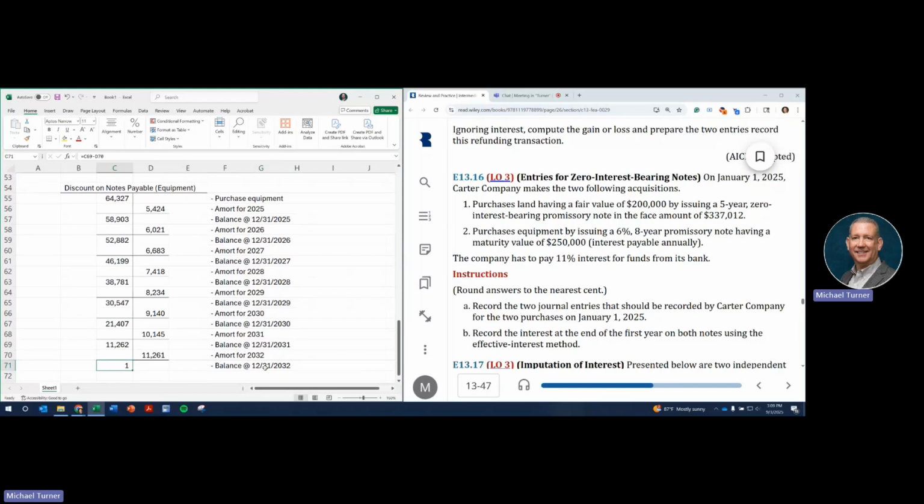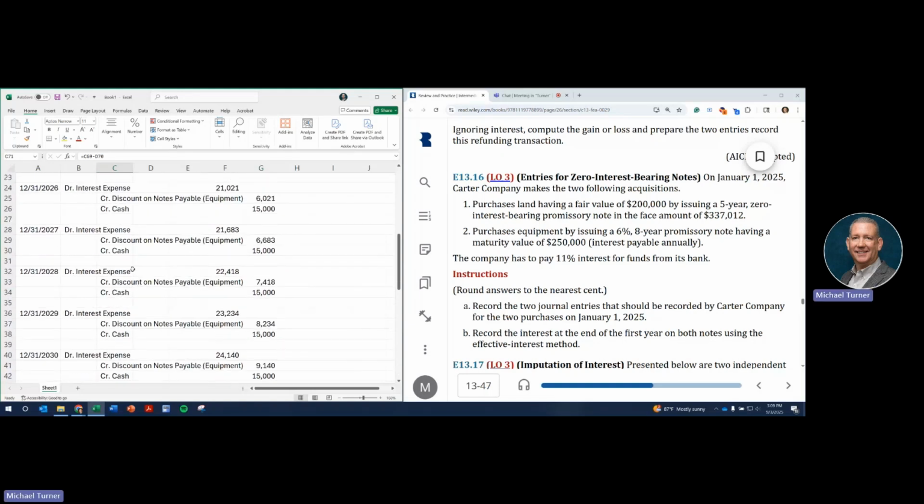We could do the same for part 1 related to land. It's the exact same result, except the journal entry does not have cash being paid. It is purely just the amortization. And so that should also amortize over the course of 5 years.